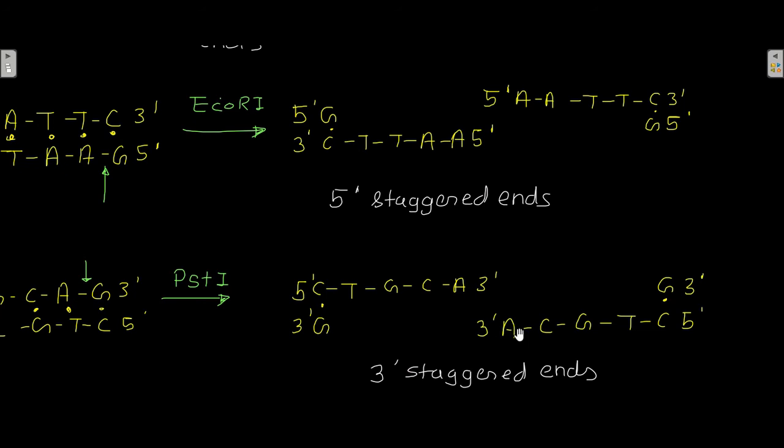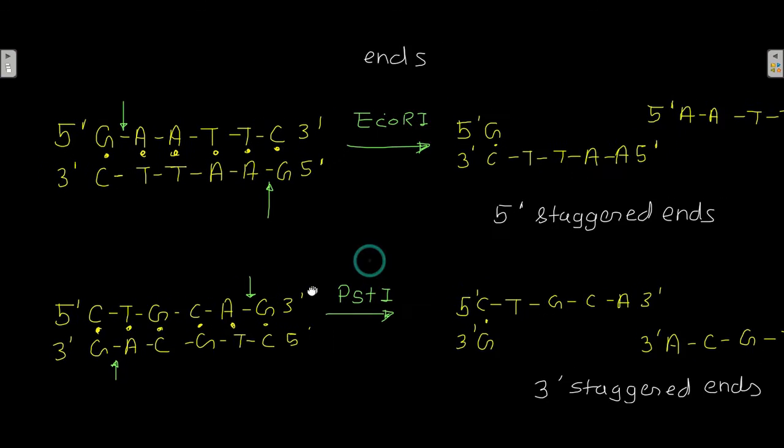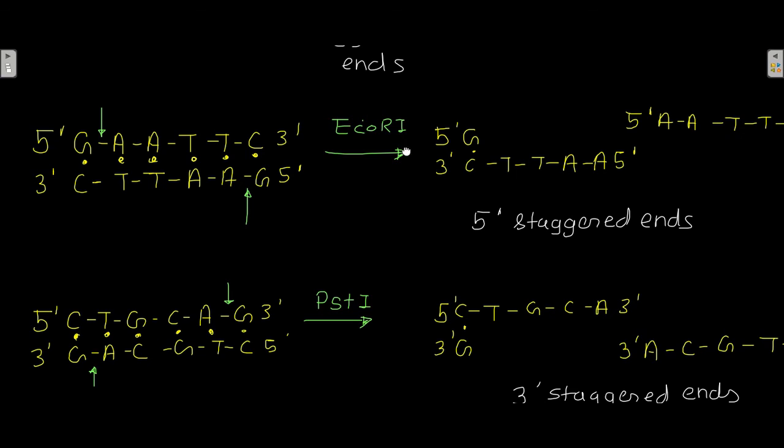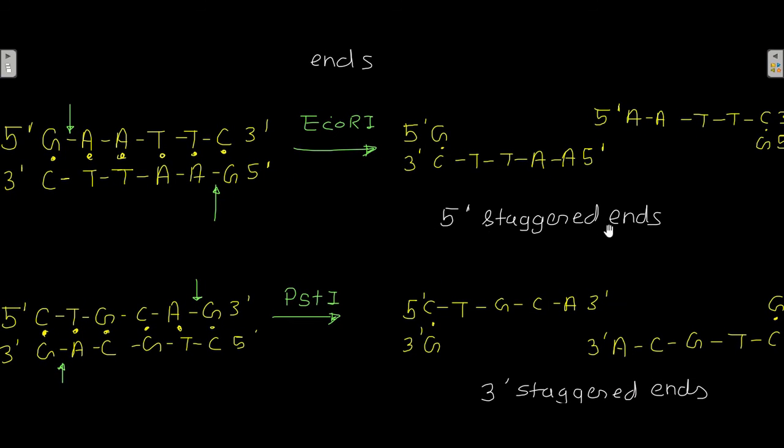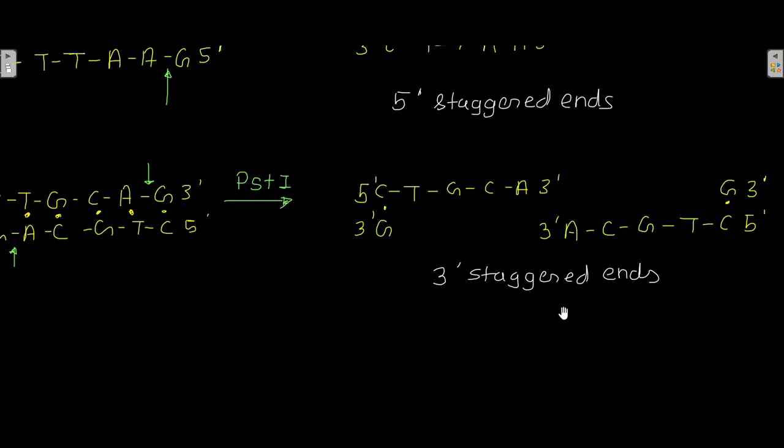That is how it is going to work, and it will depend on the restriction enzyme and how it is making cleavage at the restriction sites. So remember this, that EcoRI is producing 5' staggered ends and PstI is producing 3' staggered ends.